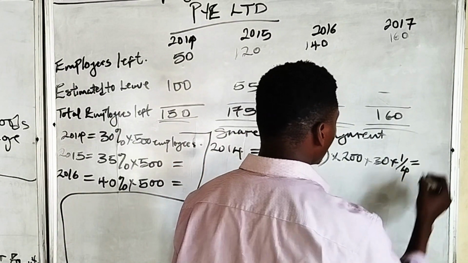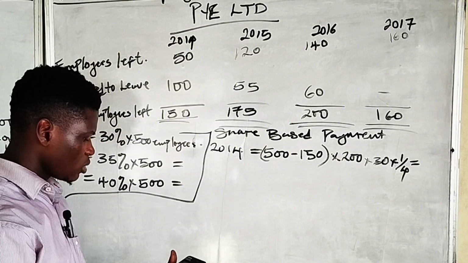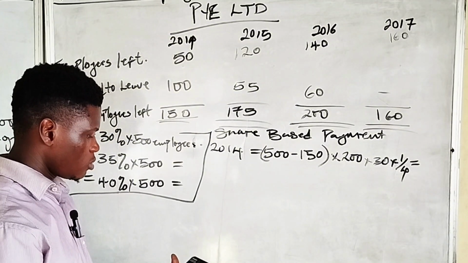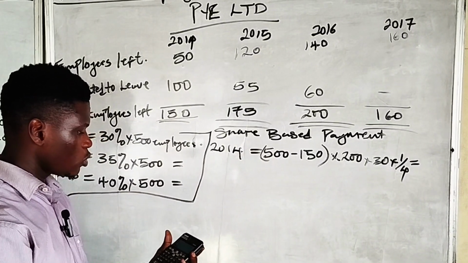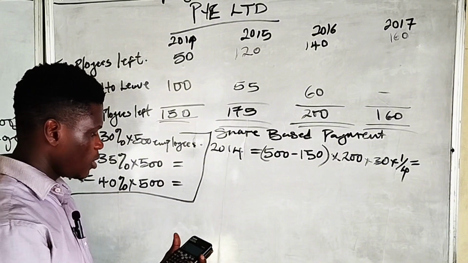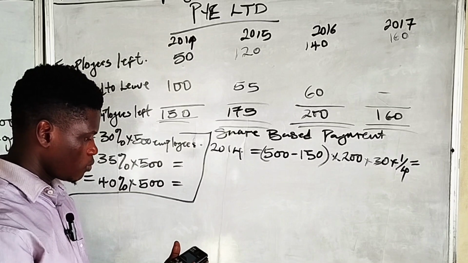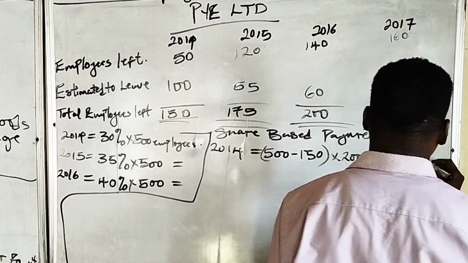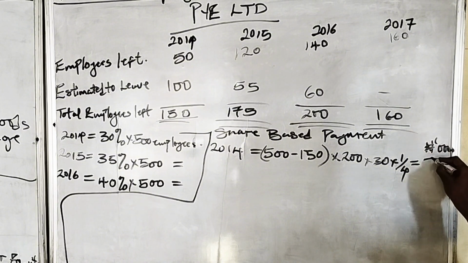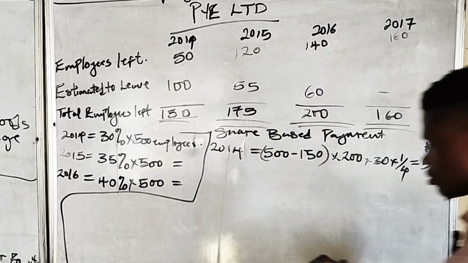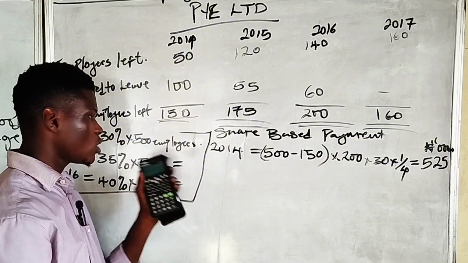This will give us the total amount of expenses in 2014, which is 500 minus 150 gives us 350, multiplied by 200, multiplied by 30, multiplied by 0.25, which is 1/4. So we have 525,000. So 525,000 will be the amount of share-based payments, which is the expense for 2014.